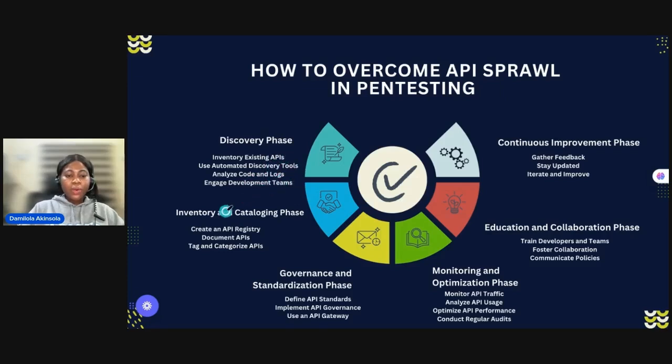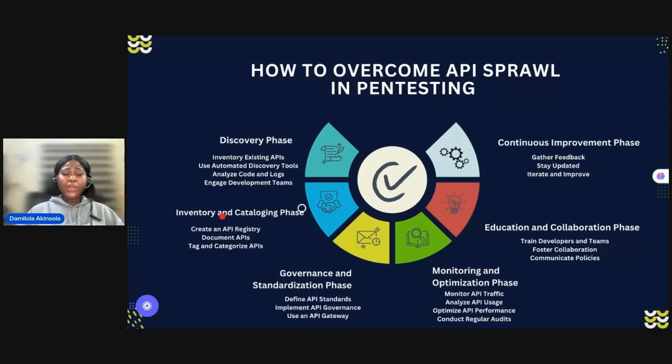So once you're done with the discovery phase, you've done all these little things we mentioned here, we want to go into the inventory and cataloging phase. So what are you doing in this stage? Now that you have all your APIs discovered, the next step is to have a single source of truth. That is so important, to have a single source of truth. So you can use centralized tools like SwaggerHub. We have Postman API Network, or we even have API management platforms like Apigee, Kong, or AWS API Gateway.